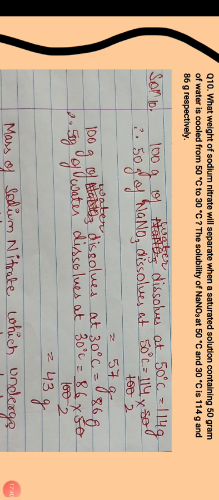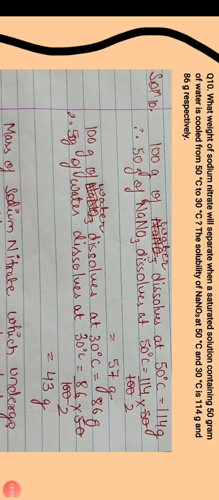So solubility means, now coming to the solution, 100 grams of water will dissolve, at 50 degrees Celsius, I am considering the first case, it is equal to 114 grams. You have to find it for 50 grams of water in the question, so from the statement I first wrote 100 grams of water will dissolve 114 grams of sodium nitrate at 50 degrees Celsius.